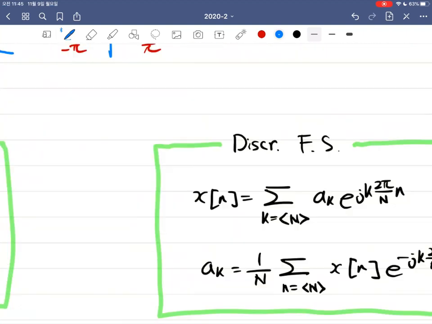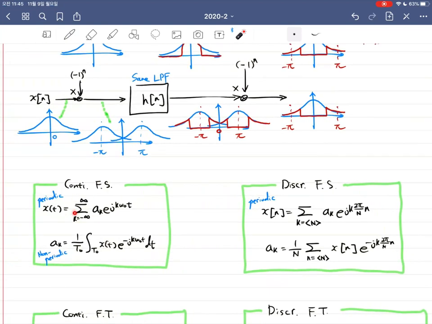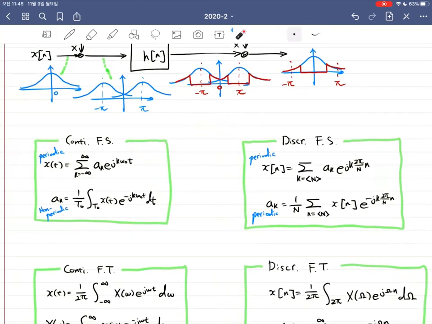And also, for the discrete time Fourier series, since we're talking about Fourier series, x should be a periodic discrete signal. And contrary to this part, you need a finite number of coefficients to express this periodic signal. And with this discrete time property, a_k was periodic. You have to see this difference.